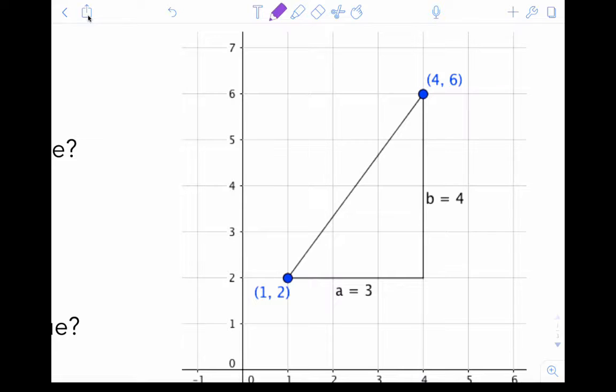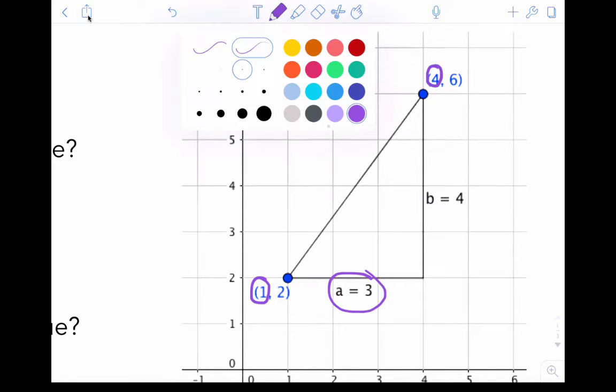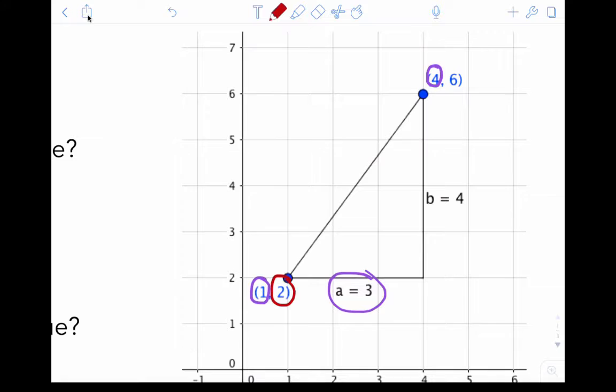I want you to take a look at the relationship between the x's and the a value and the y's and the b value. So take a moment, pause this video, and look at the relationship between your x's, which is the first number in your parentheses, and your a, and then also look at your y's, which is always the second number, and your b.